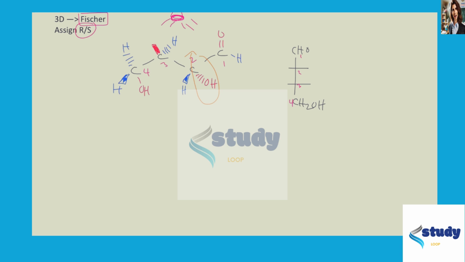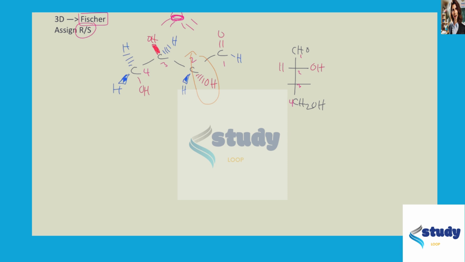You have the alcohol group on the right side, and the hydrogen on the left side. Carbon 3 is already fine, except we didn't write the alcohol group right here. Looking from the top, that's in the right configuration. You have both the hydrogen and the alcohol group going out of the page.